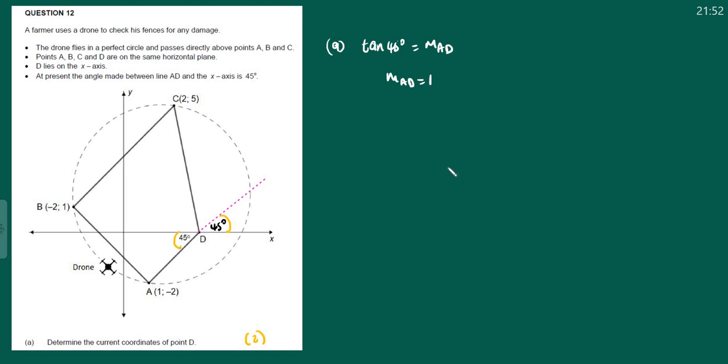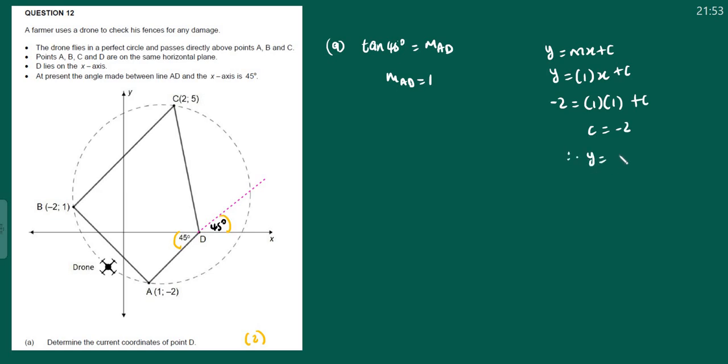Oh, yes, very, very nice. Would it be long? So we know the equation of AD, and since we have the gradient already, everything is there, then we just substitute the coordinates of D. We have x and 0, then we just find the x. Okay. The gradient is 1, then we get c as -2, right?